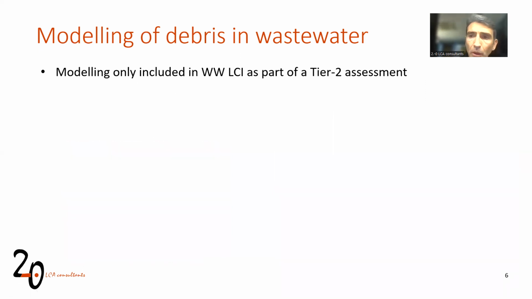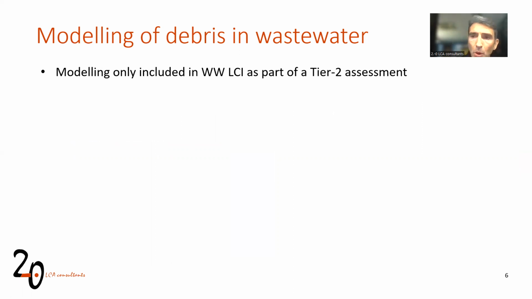Now, the modeling of such materials in wastewater LCI is only possible when you are doing a tier 2 assessment. In a tier 1 assessment, we are omitting these materials because, in principle, they are produced in relatively low amounts compared to sludge, for example.